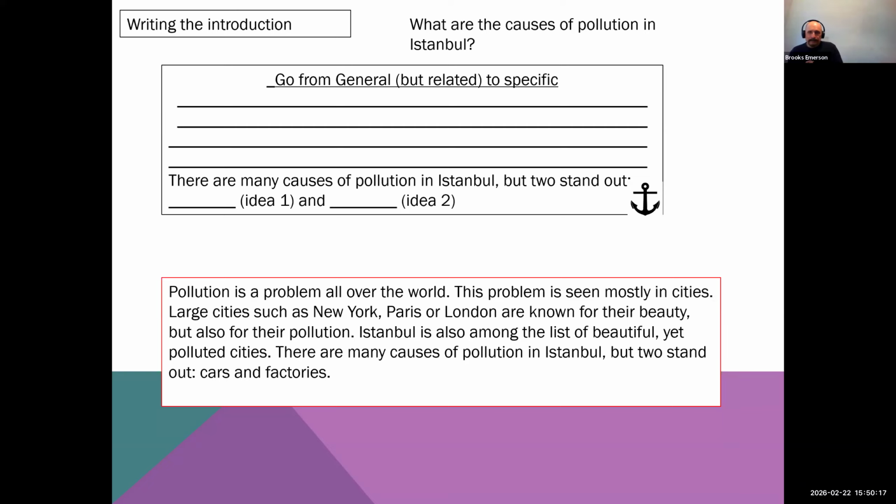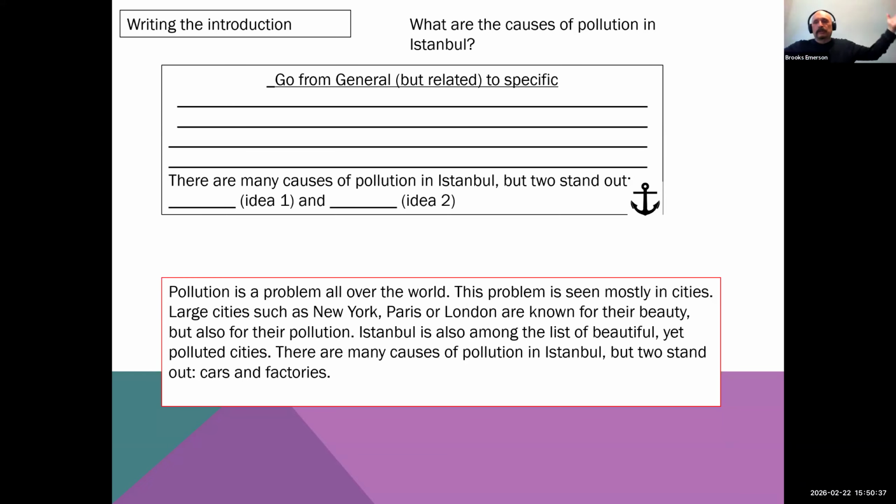So you can see that I start with "pollution is a problem all over the world," so it's related. We're talking about pollution in Istanbul and what causes pollution, so we need to start general.